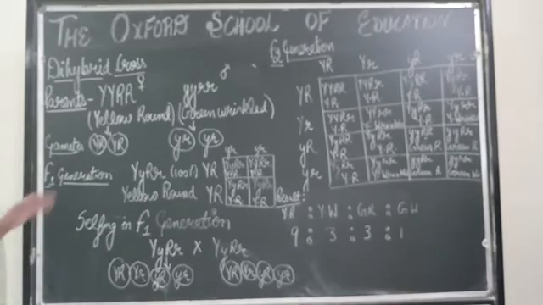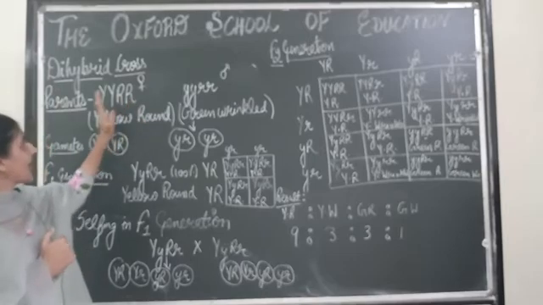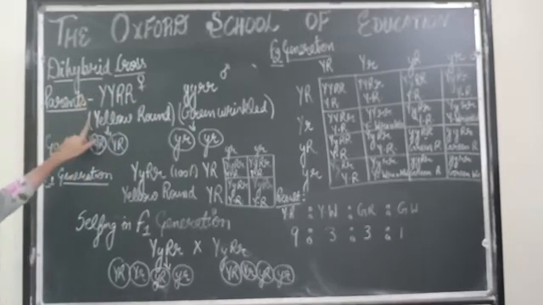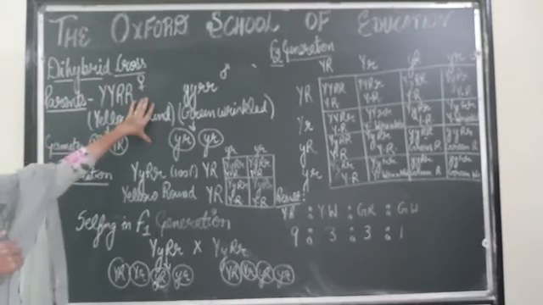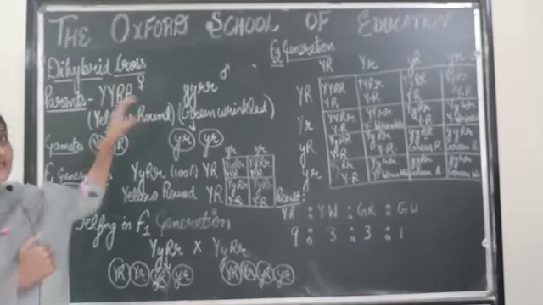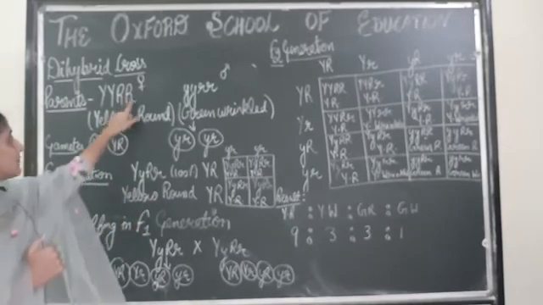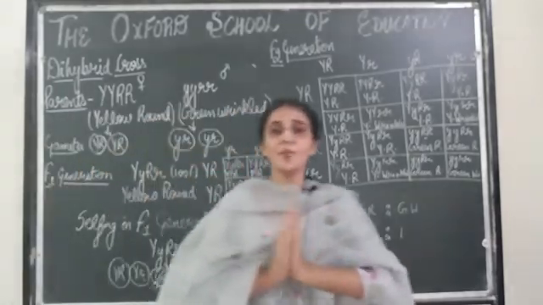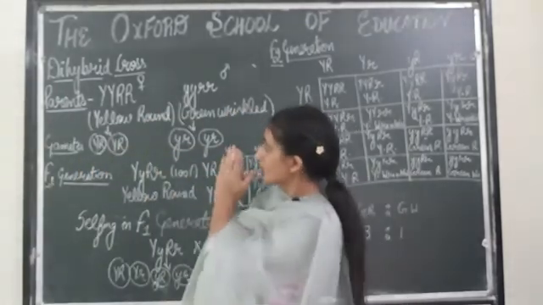In this cross, I have taken the parents as seed color and seed shape. So let's take a look. The first parent I have taken as a female. In case you want to take this plant as a female, then you have to remove the male flowers from this plant so that a foreign pollen grain could not do the pollination.